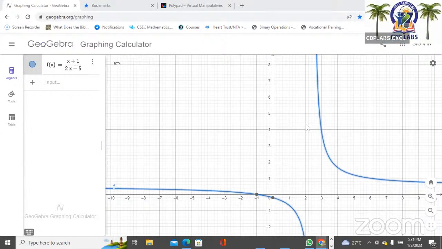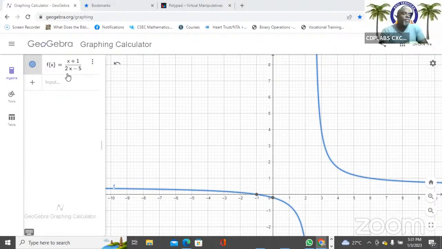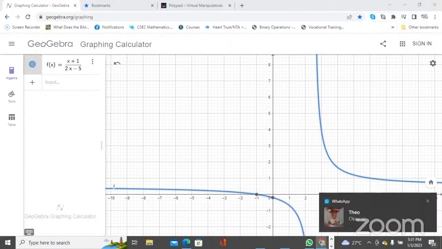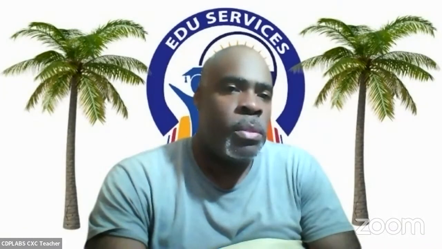All right, so part one, you just need to know that you must substitute the values. So work out G of 4 for me, the second one. Work out G of 4.